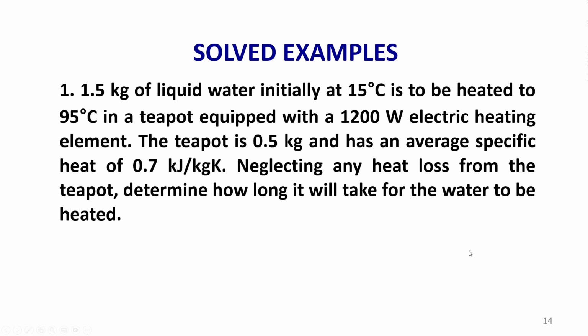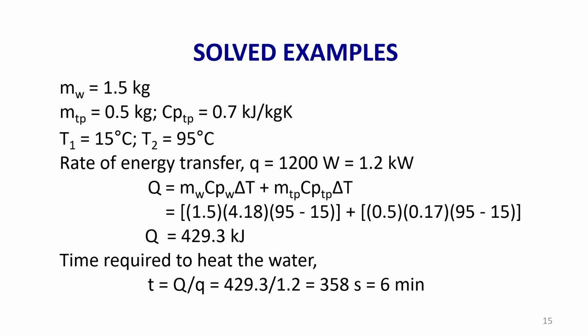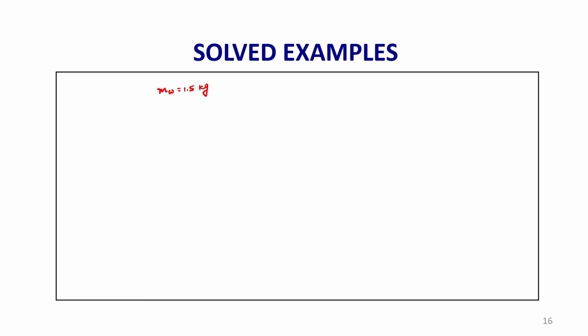Okay, this is mass only, so we should not write m dot, it is m. The quantity of water is given as 1.5. Let us write mass of water. Mass of the teapot is 0.5 kg. So, Tp refers to the teapot, 0.5 kg.